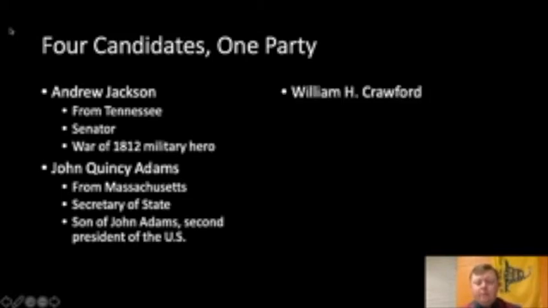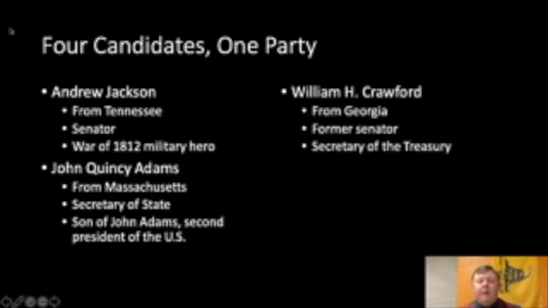We also have William H. Crawford. He was from Georgia. He himself was also a former senator. And at this time, under James Monroe, he was the Secretary of the Treasury. That spot was held, of course, by Alexander Hamilton under Washington. Henry Clay is the fourth candidate.